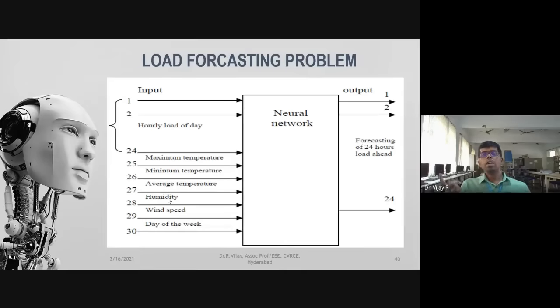If you take the input, I need to take the hourly load of the day of the previous year of the Tiruchirappalli region, and that too area wise. Feeder wise, substation wise I need to take, and also the maximum temperature, minimum temperature, average temperature of that particular PV solar system.